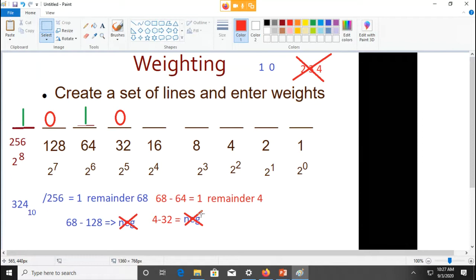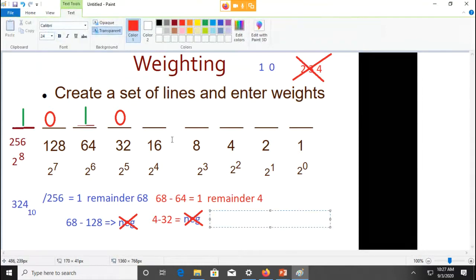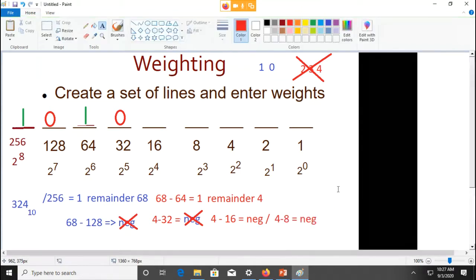Then I've still got 4 left, so I look at the 16. 4 minus 16 gives me a negative. Let's try the next one: 4 minus 8. Again, that gives me a negative. So the 16 gets a 0, and the 8 gets a 0.